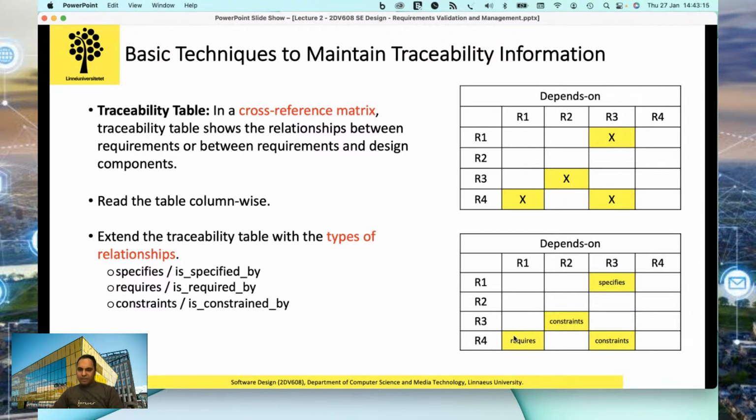So there can be many other different types of dependencies or traceability information types for the requirements.